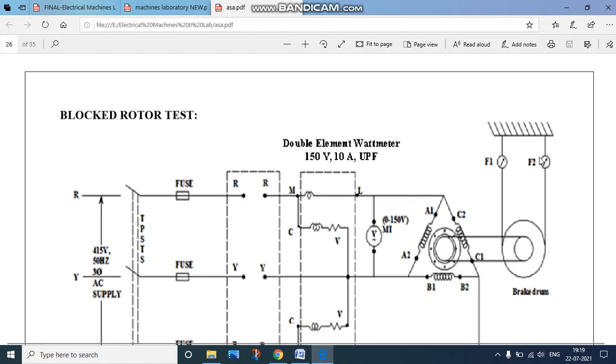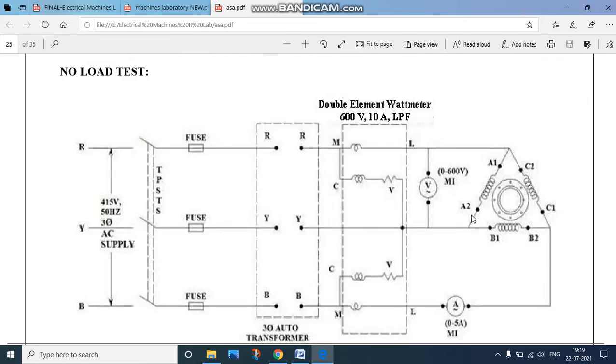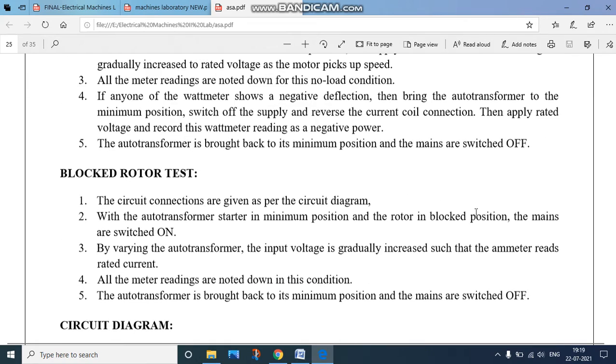Now the rotor is blocked without running, and after the mains is switched on, by varying the auto transformer we get the voltage value, and we have to increase the auto transformer value until the ammeter reads rated current.